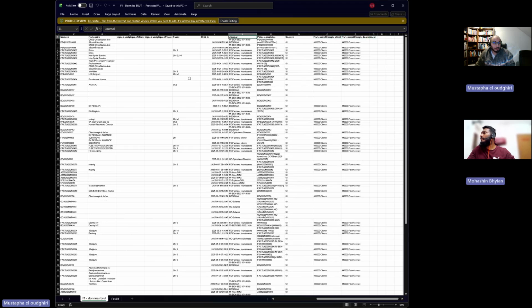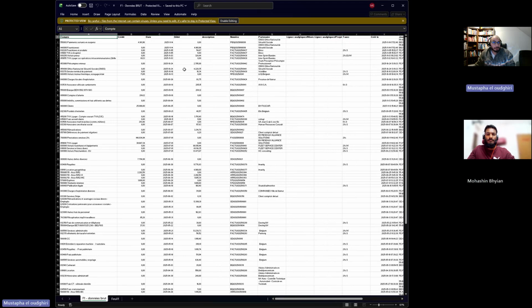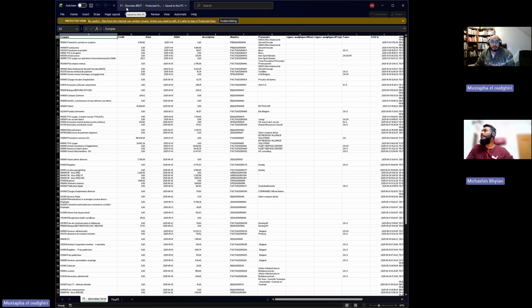So that's what they extract each month. This is, for example, for the F1. There is then the F2, F3, E1, E2, E3. All are the same structure.